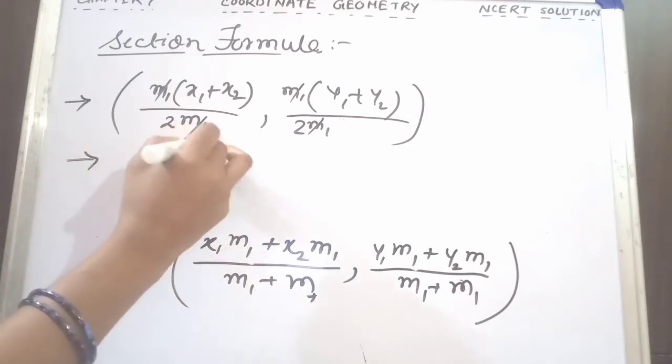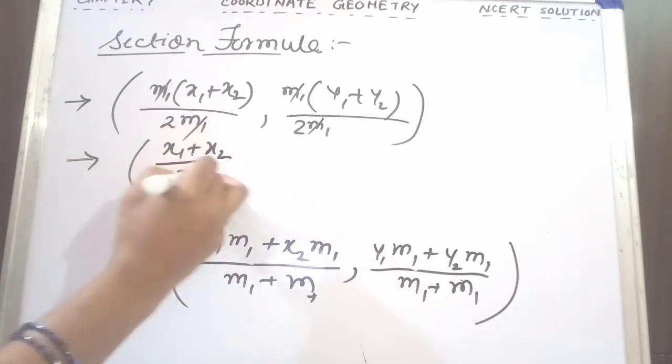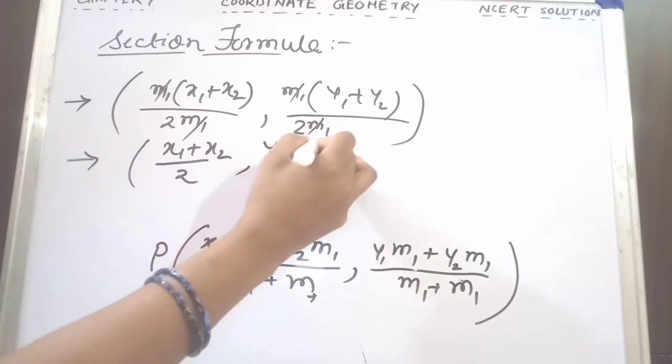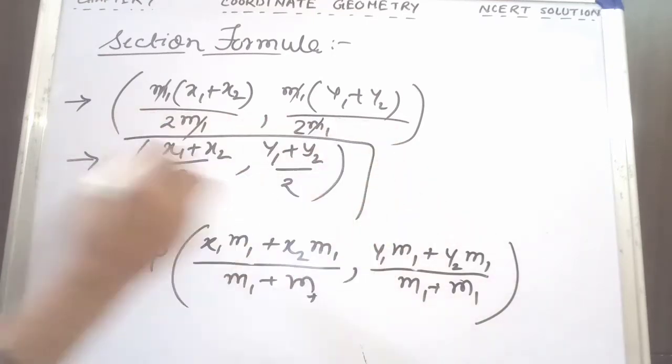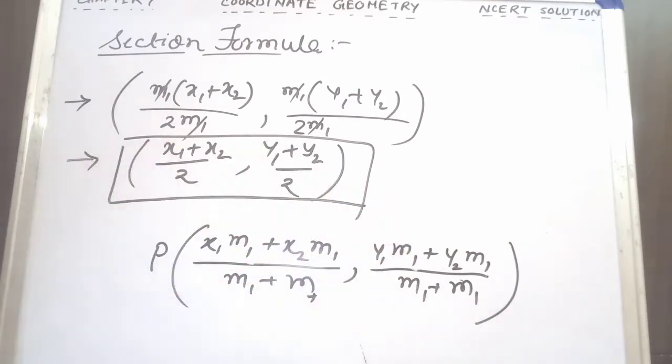That means (x1 plus x2) by 2 and (y1 plus y2) by 2. This is also called the midpoint formula. When P is the midpoint of the line segment AB, the coordinate of P is x1 plus x2 upon 2 and the y coordinate is y1 plus y2 upon 2.